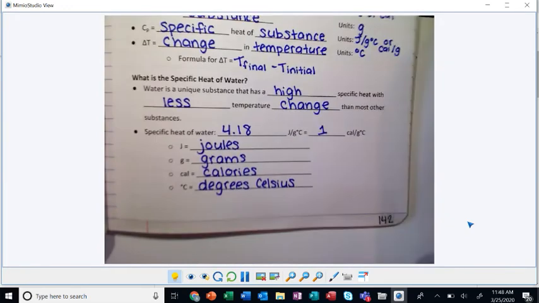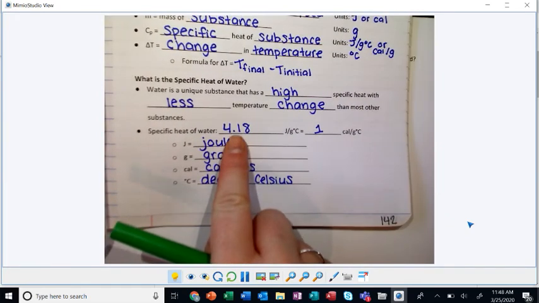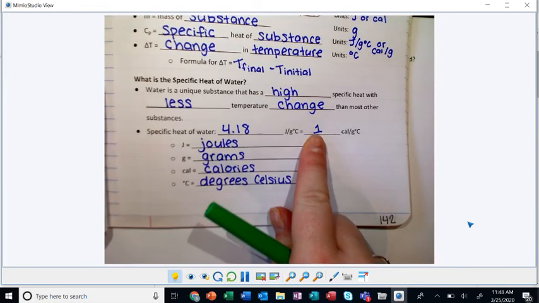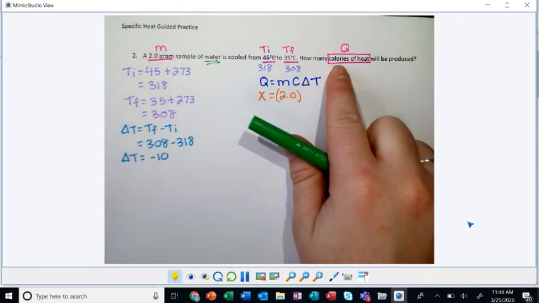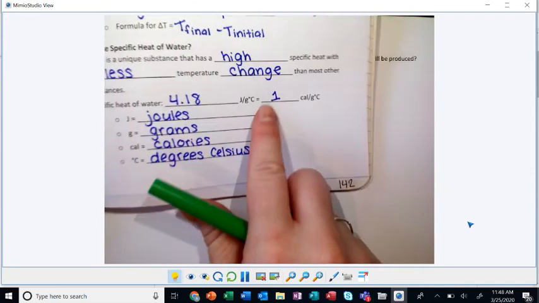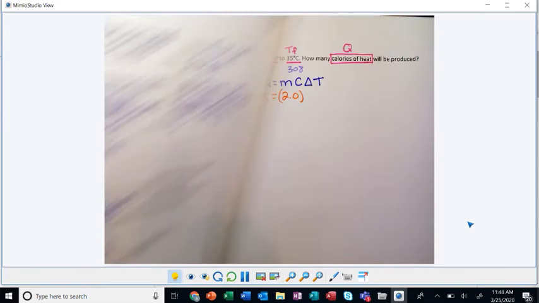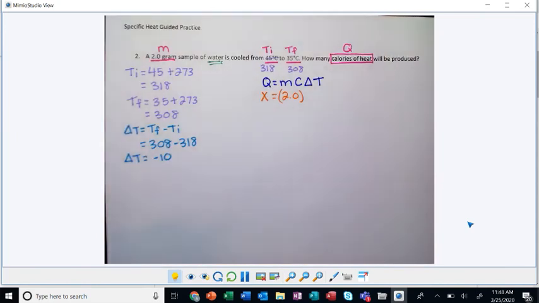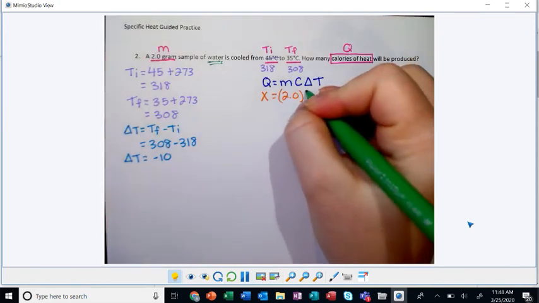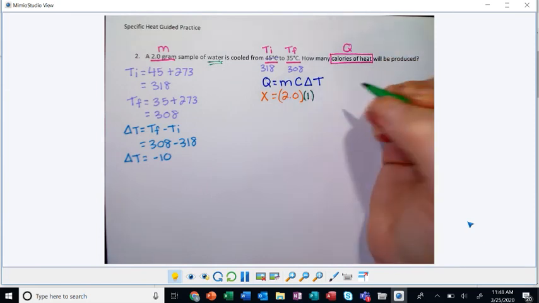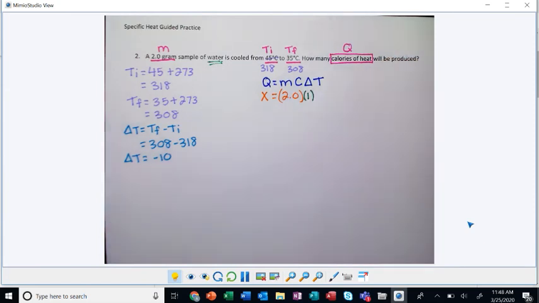So here are the specific heats for water: 4.18 joules and 1 calorie. Since I'm looking for calories, I must use the 1. The 4.18 is for joules. So I'm going to use 1 right here since I was talking about water.